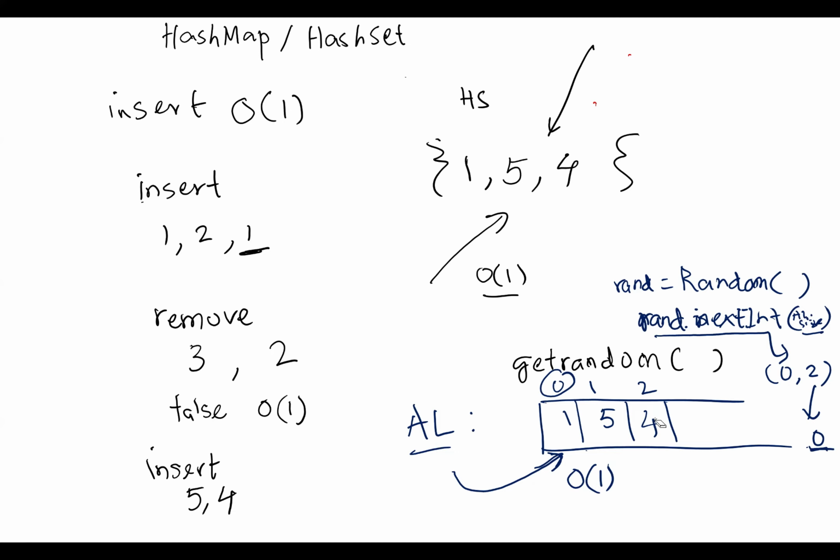Now here is one thing. So you see that getRandom can be solved with order of 1. So can I also use array list for insert and remove? So here is the thing. For insert, it may look fine.